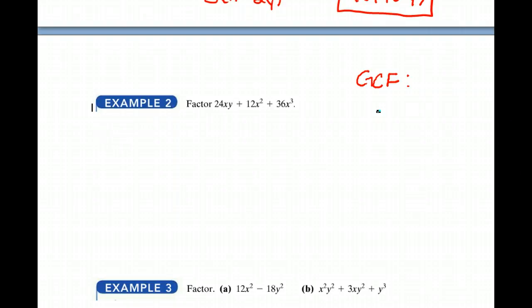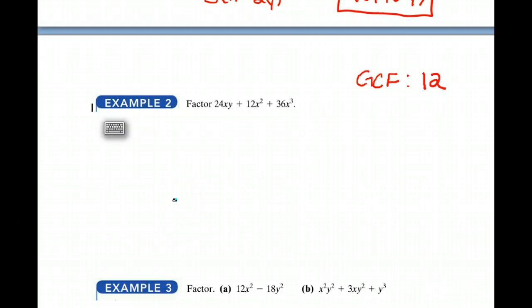What's the GCF of those 3 numbers? What's the largest number that we can divide out? I can divide out a 3 from all of them. I can divide out a 4 from all of them. I can divide out a 6. I can also divide out a 12. It just so happens that 12 is the largest number that we can take out of there.